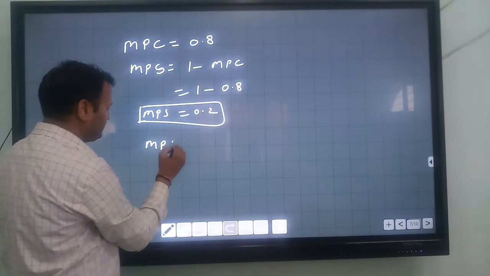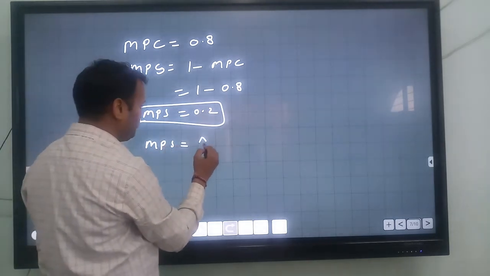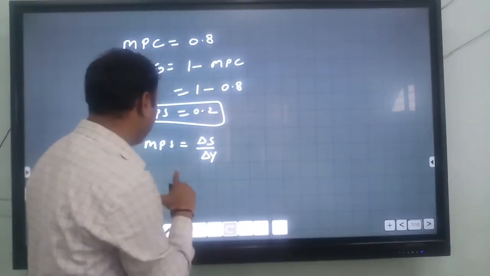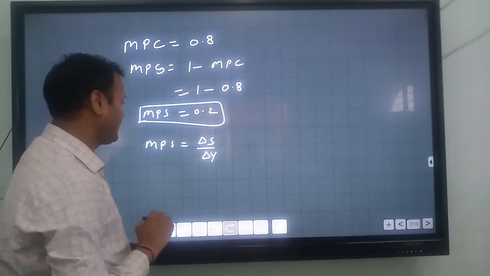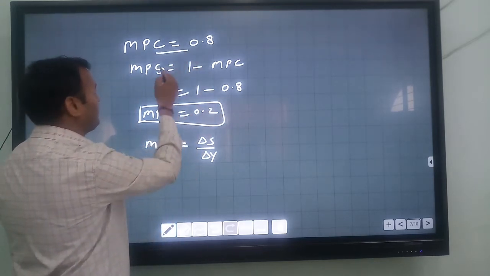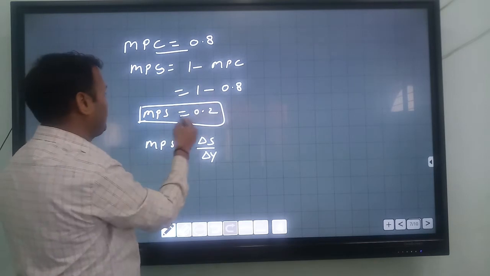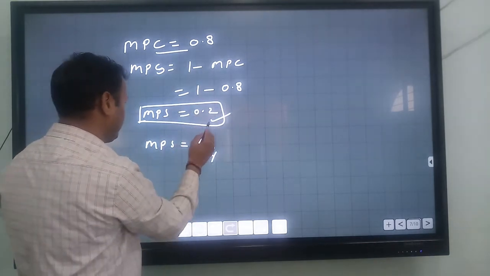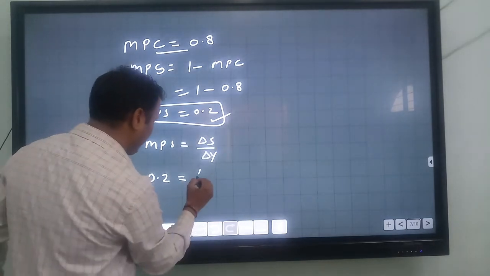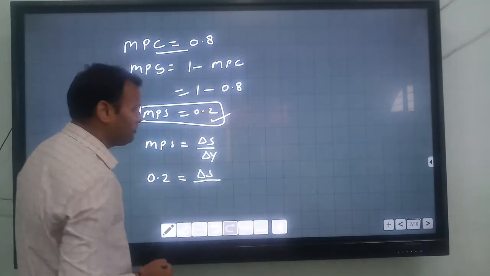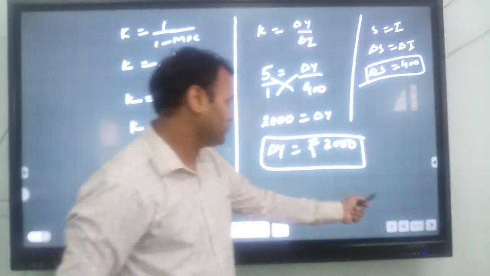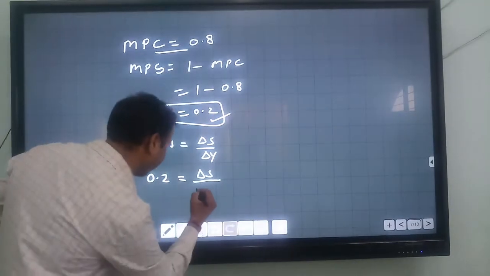Okay. So now what will we do? As you know, MPS is equal to delta S upon delta Y. We already discussed the formula of MPS, that is delta S upon delta Y, and by using the relation of MPC and MPS, we get the value of MPS, that is 0.2 is equal to delta S, which we have to calculate, and delta Y we already calculated as 2000.